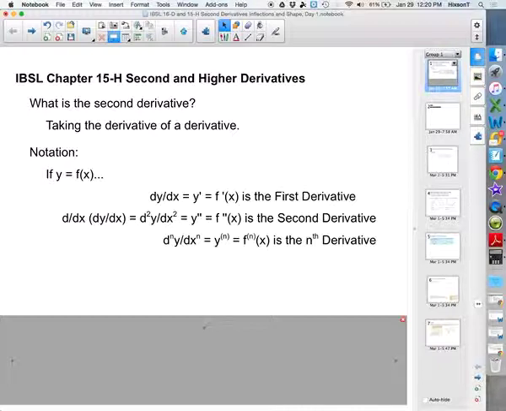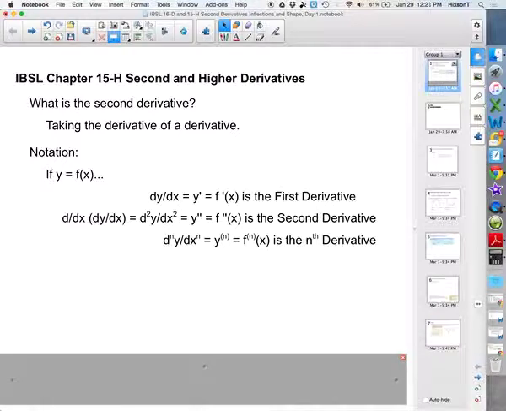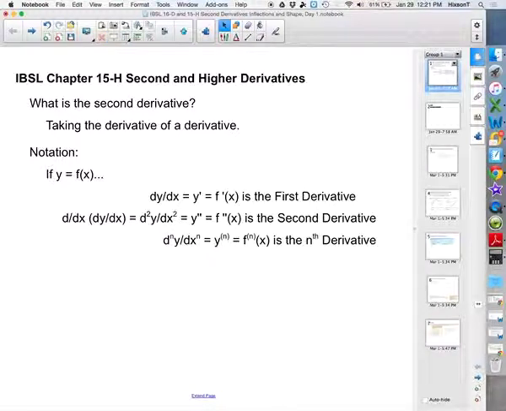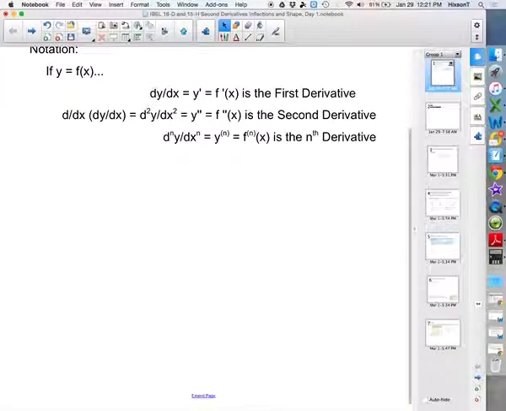So let's actually practice this. Let's practice it once with a polynomial.